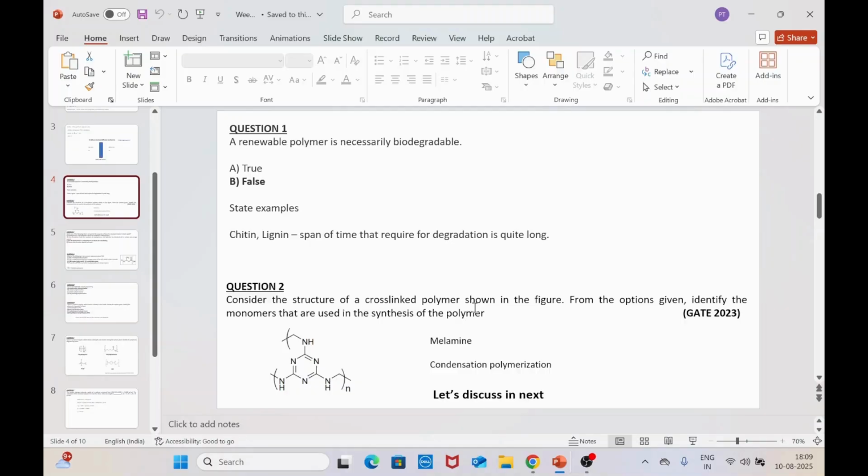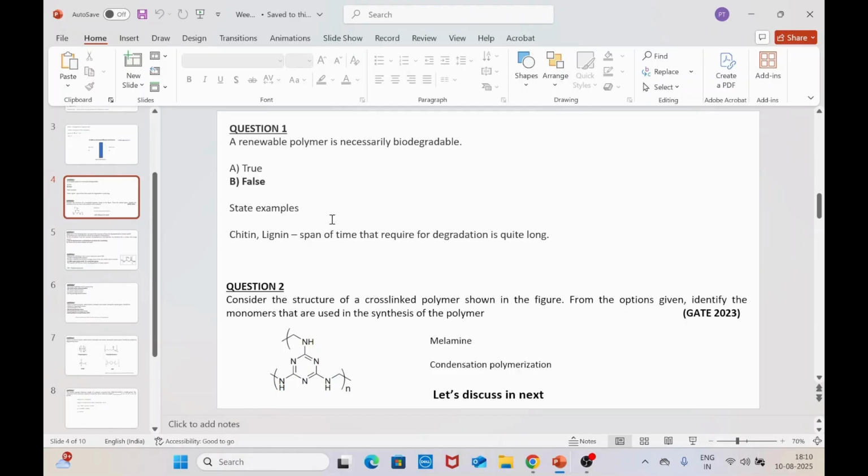The structure of a cross-linked polymer is given. This is a combination of two monomers, typically condensation polymerization. You are asked to identify the monomers used in the synthesis of this polymer. I gave two clues: one was a condensation polymerization between the two monomers, and one among the two was melamine.